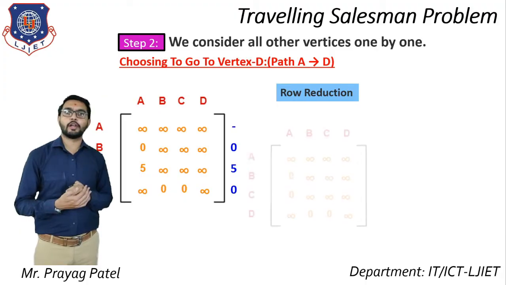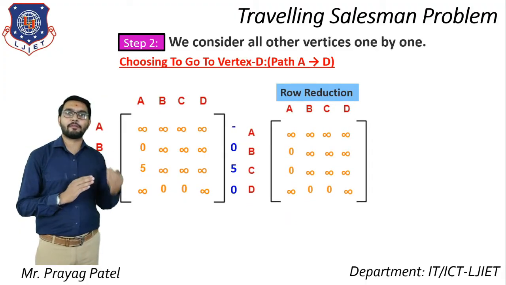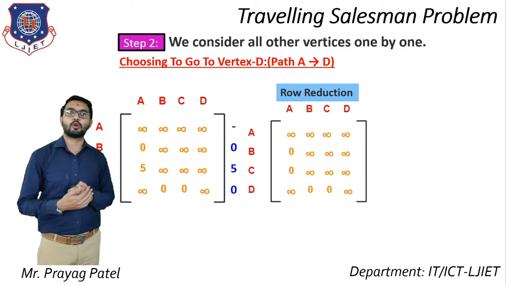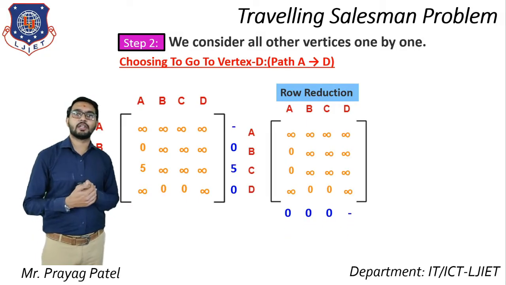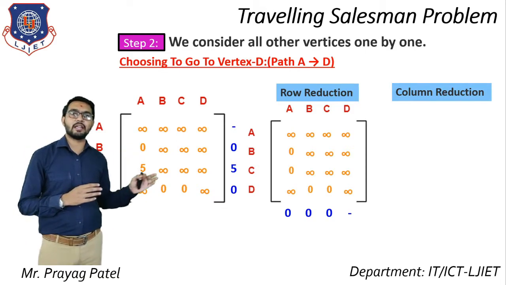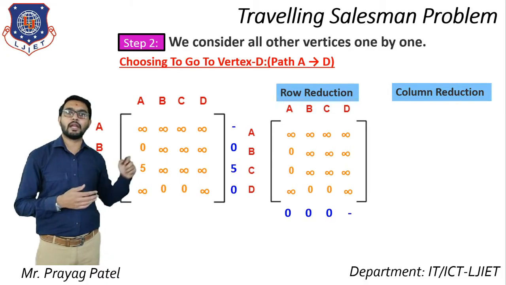So for row reduction, subtract 5 from the third row, row C. So the resultant matrix has a 0 value in location CA. After that consider the column reduction operation. For column reduction, consider each and every column, and each column contains one value as 0. So no need to perform any operation.